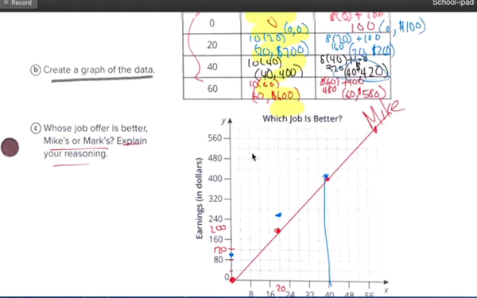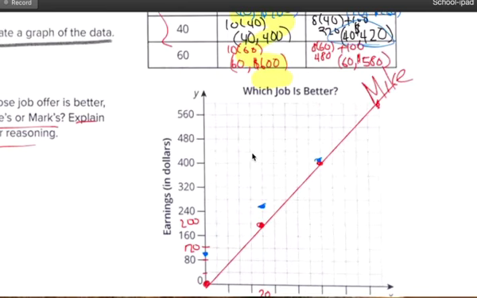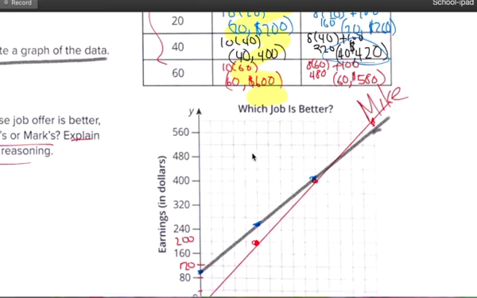Still a little bit higher. 60 at 580. Okay, and this is Mark.